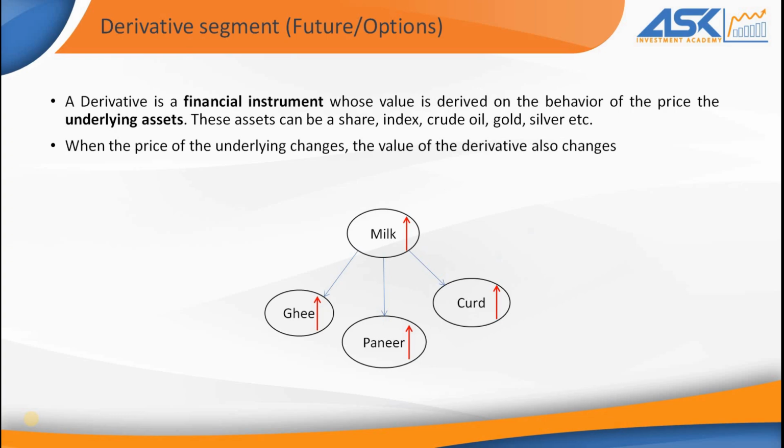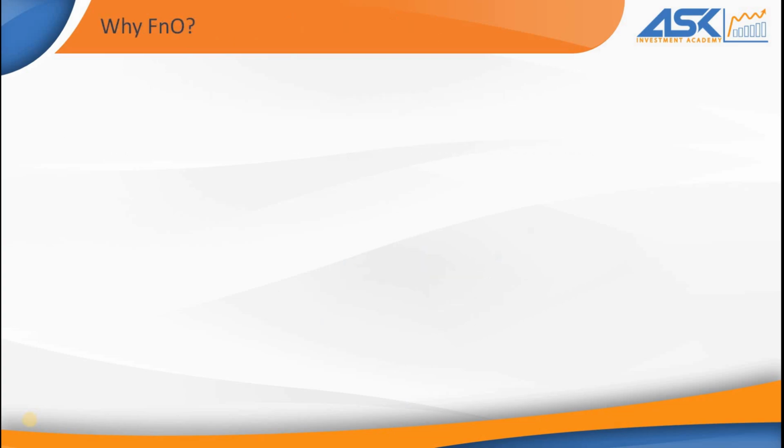If the equity segment price reduces, then derivatives like the future price will reduce, the call option price will reduce and the put option price will increase. That's why futures and option prices depend upon the cash segment price. There are mainly two reasons why FNOs were introduced into the Indian stock market.